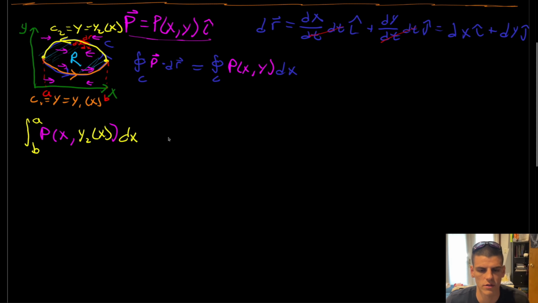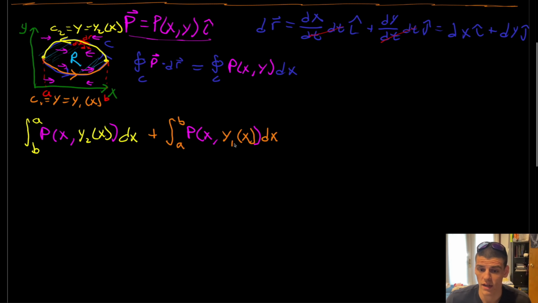And then our other integral for the bottom part of the curve, we will add on to that to get the total integral around this curve. This one goes from a to b when it's going counterclockwise, so we'll put a on the bottom, b on the top, and then it will be the integral of P of x, y1 of x, dx.